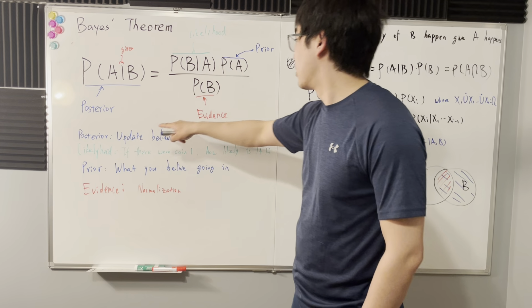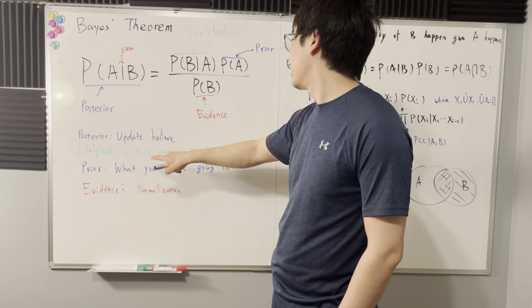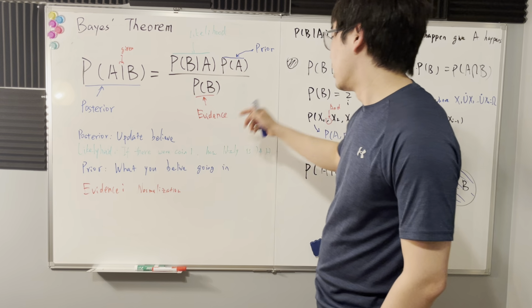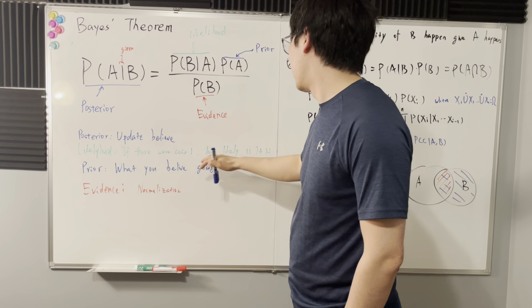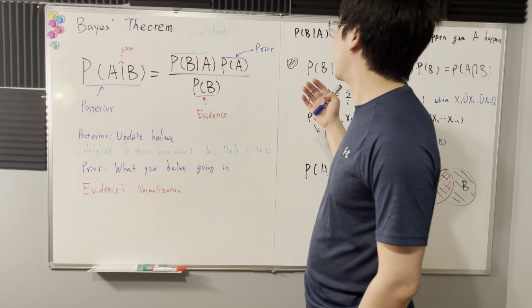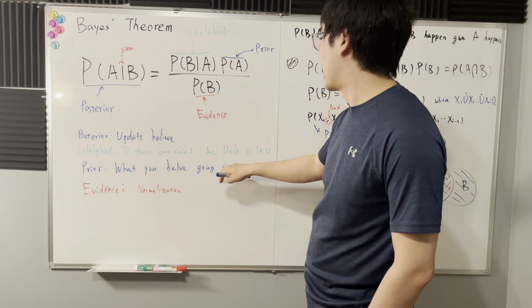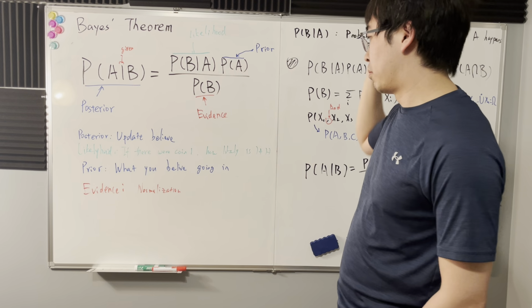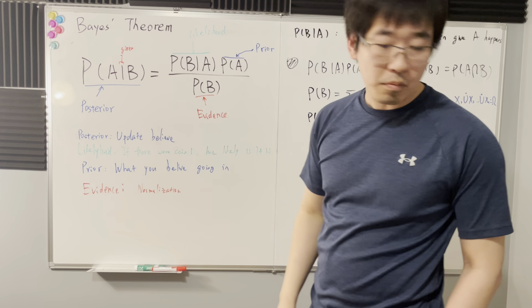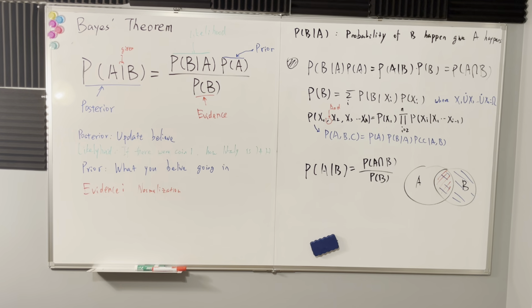So the posterior is the updated belief. Likelihood is, if you're given, say, a coin, what's the likelihood of heads, and the prior is what you believe going in.